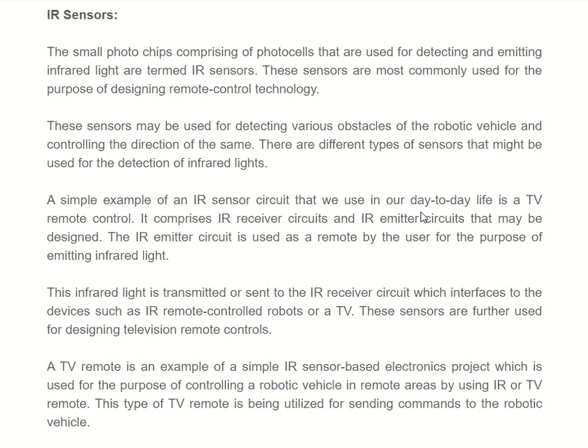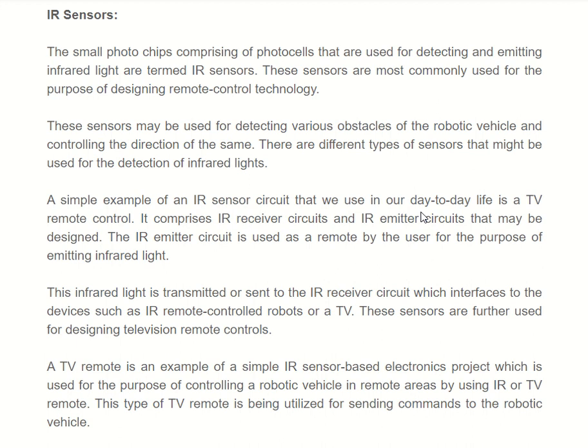And these sensors are most commonly used for the purpose of designing the remote control technology in your television, in your AC remote, in your DVD or VCD remote, right? And all that remote technology, we use IR sensors.